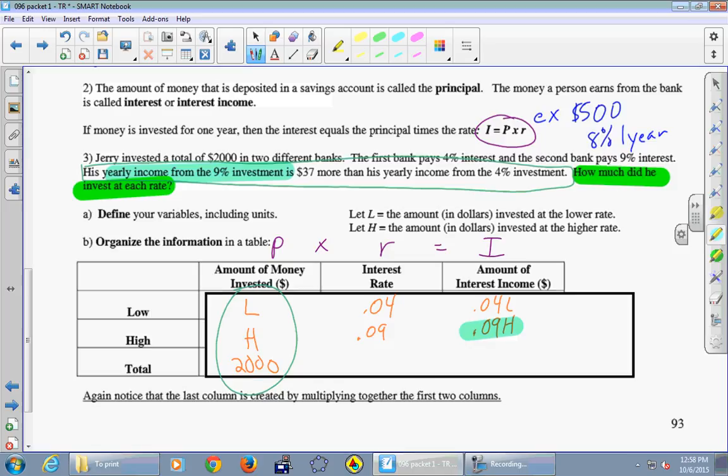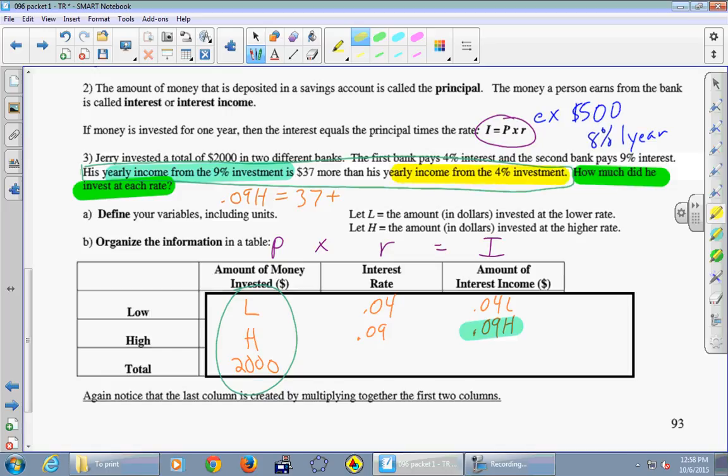So we're translating now into an equation. 0.09H is what symbol? Equals. 37 more than, 37 plus. See how we're just going piece by piece. And then finally, the income from the 4% investment.